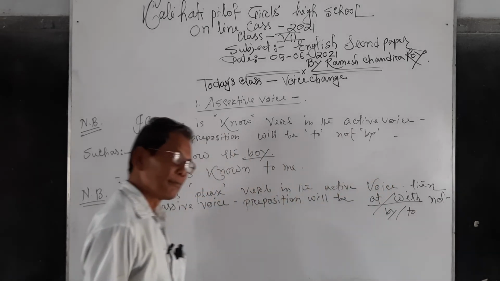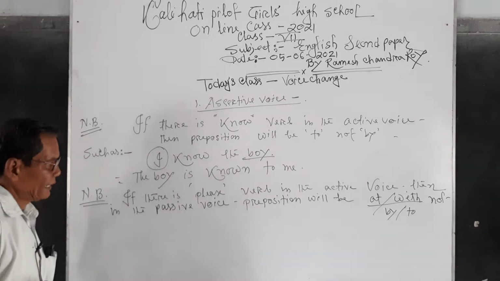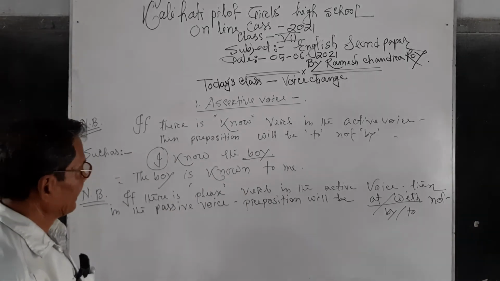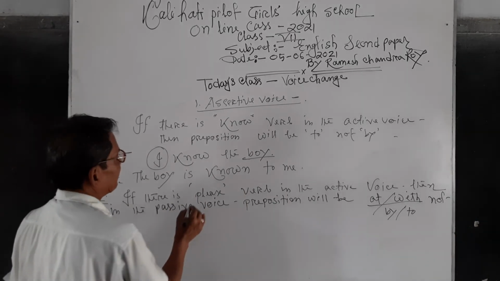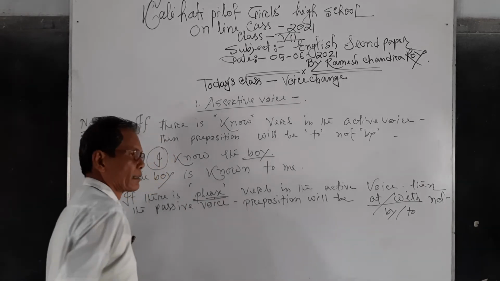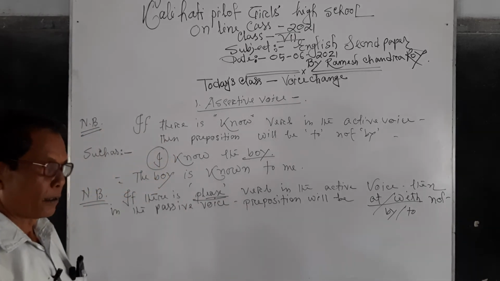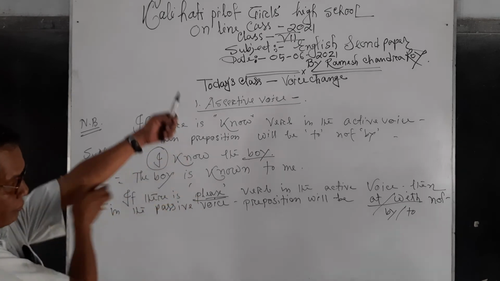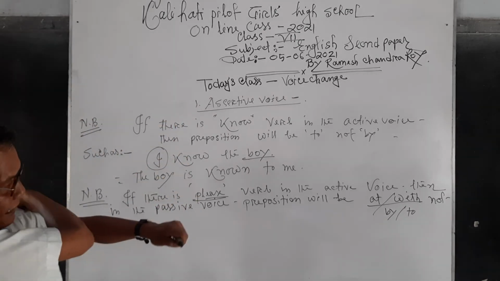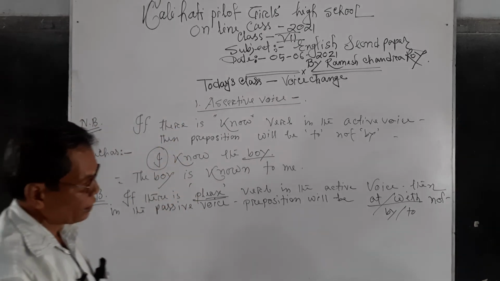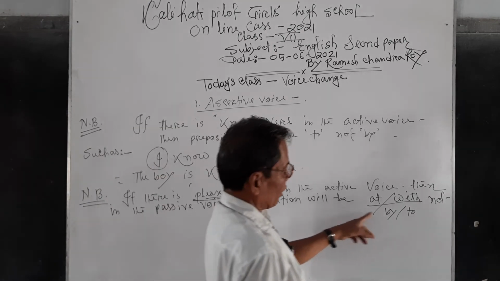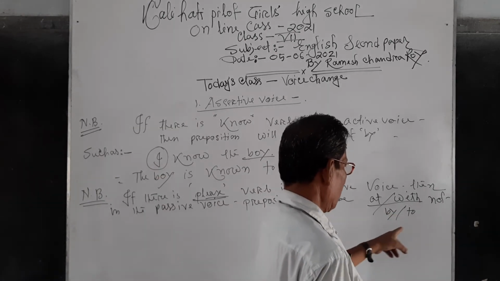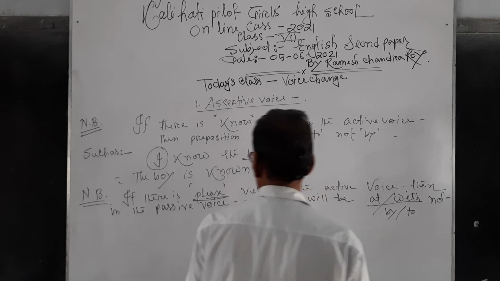Okay? Dear student, if you can see there is a verb please, then at the time of using a preposition, you will have to use at or with, but not by or to. Okay?